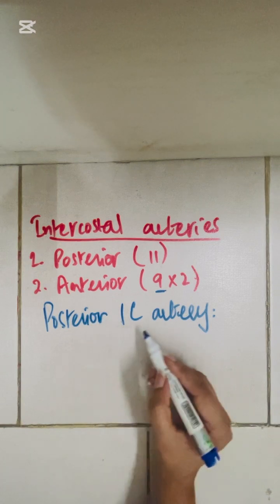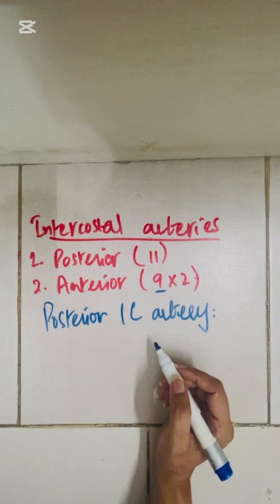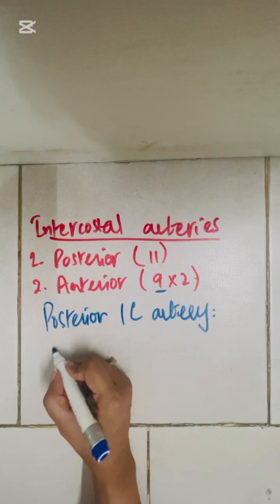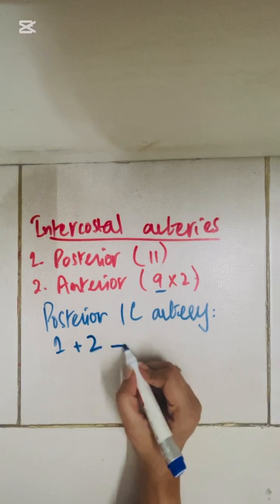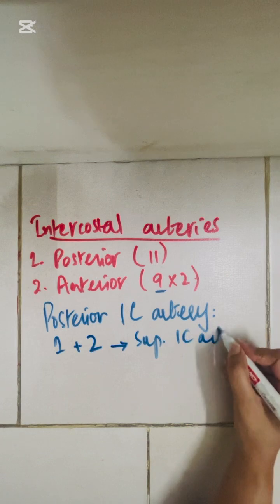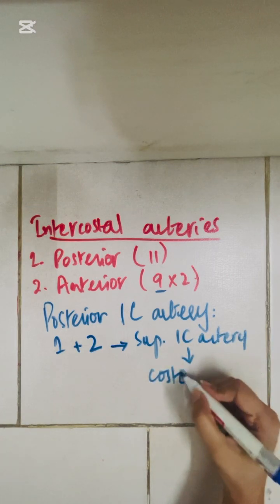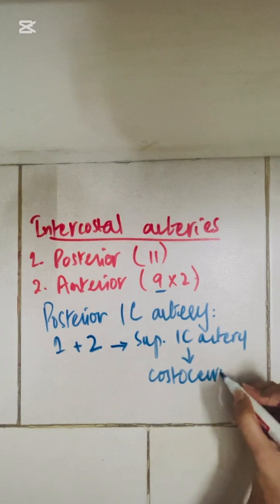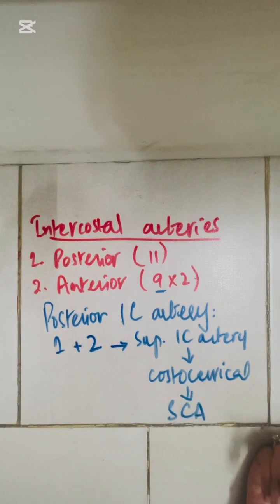Coming to the posterior intercostal artery. The first and second posterior intercostal arteries arise from the superior intercostal artery, which comes from the costo-cervical trunk of the subclavian artery.